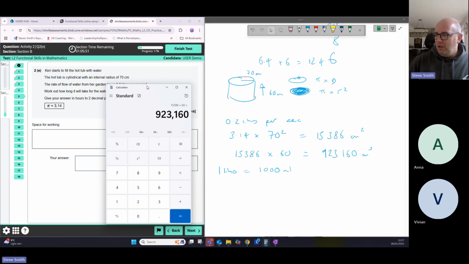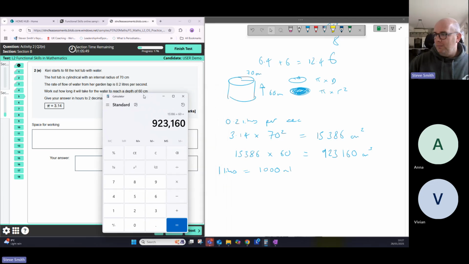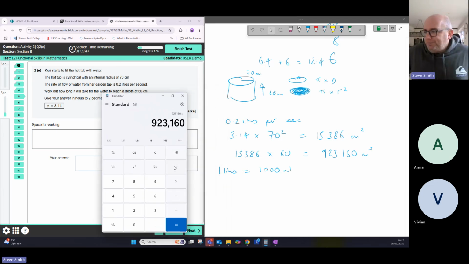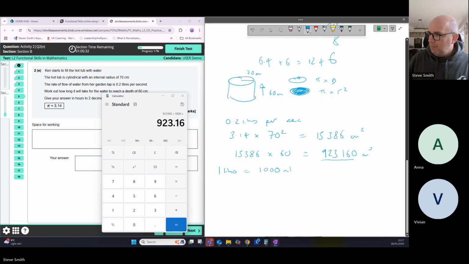We're going to divide this number by 1,000, because that's how many milliliters are in a liter. So we've divided our big number by 1,000 to get liters.